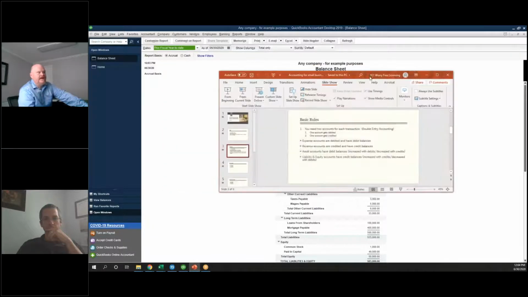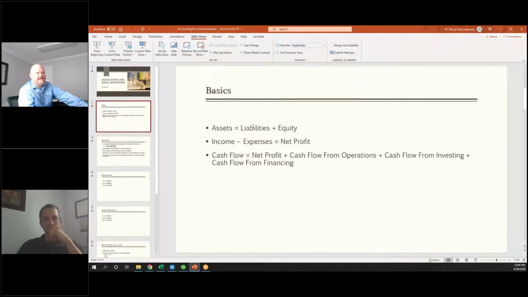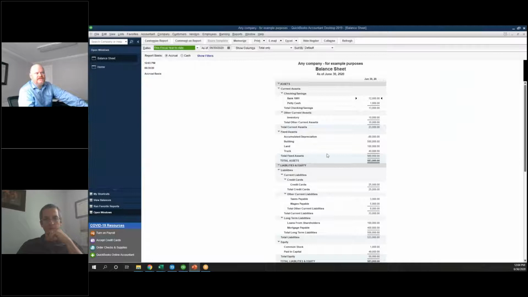So if I go back to my basic rules of accounting, assets equals liabilities plus equity. When we look at a balance sheet, it's pretty clear that that's true. Assets are everything above this total assets line: cash, current assets, inventory, things like that. Fixed assets, buildings, any kind of furniture and fixtures, that kind of thing.